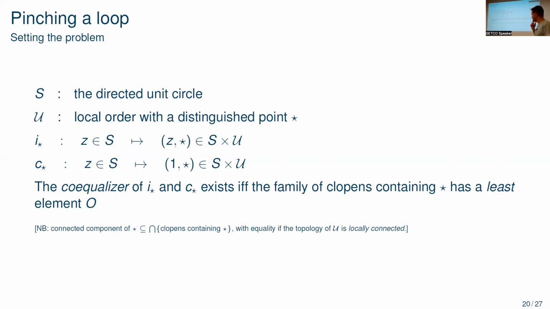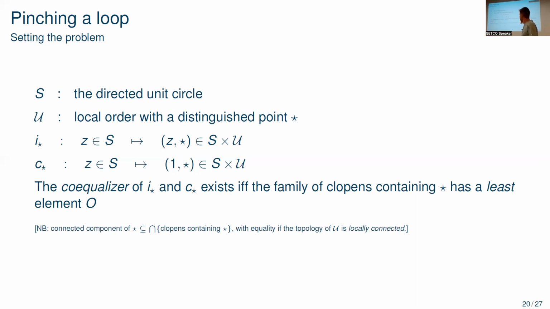And the result is that the coequalizer of these both maps exists if and only if the family of clopen subsets containing the star has a least element. In general, the connected component of the star is contained in the intersection of all these clopen sets, and there is an equality if and only if U is locally connected.